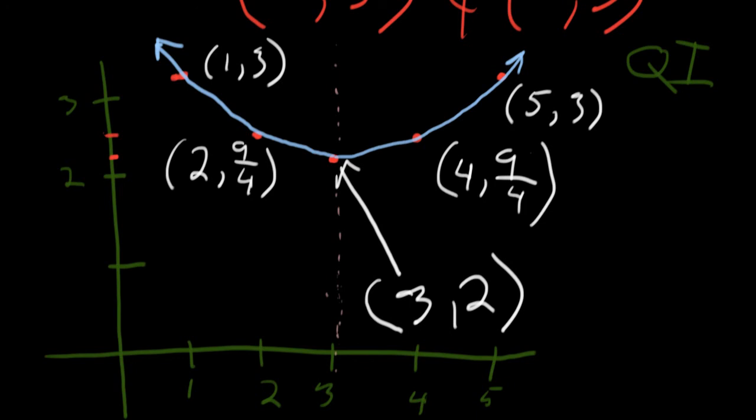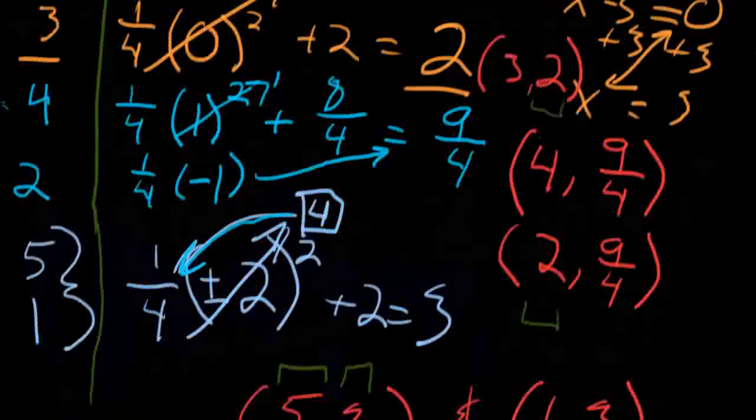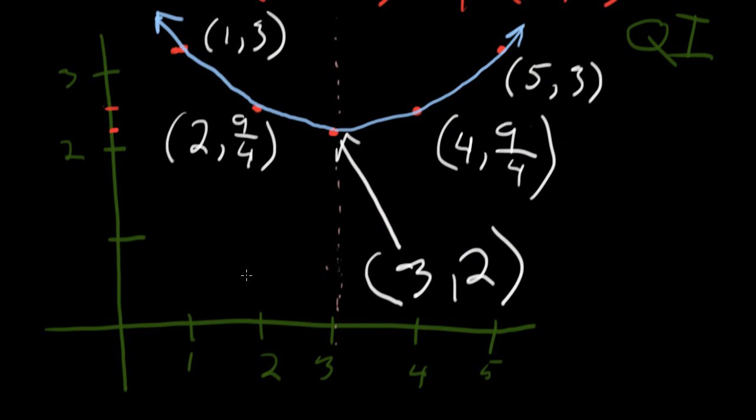So that is the basic graph of y equals 1/4 (x minus 3) squared plus 2, where that minus 3 and plus 2 gives you your h and k shift, in this case of 3 and 2.